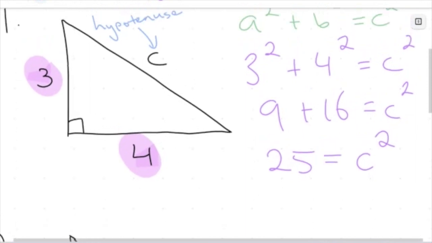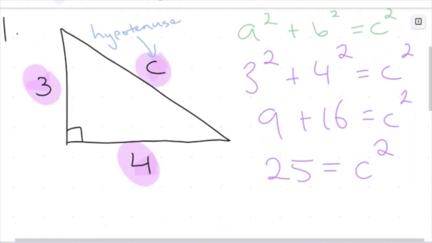Now, it's important to note here, I haven't found c, I found what c squared, what c multiplied by itself, is. And you may remember from solving equations this year, this is an equation which is squared. This is one of these simple quadratic equations that we looked at.